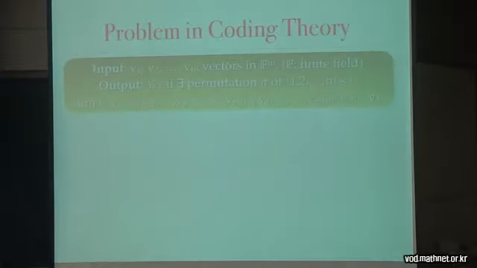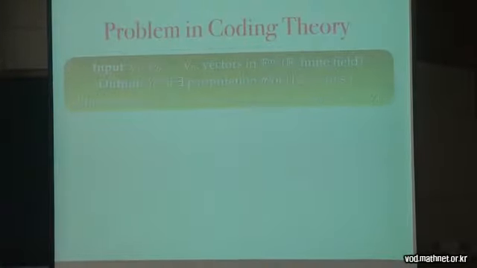That was last month when I was attending the lectures. All right, so let me start with the problem from coding theory. You're given n vectors in a vector space over a finite field F, and you want to find a permutation of them so that for any i, the span of the left i vectors intersected with the span of the right vectors has dimension less than or equal to k.